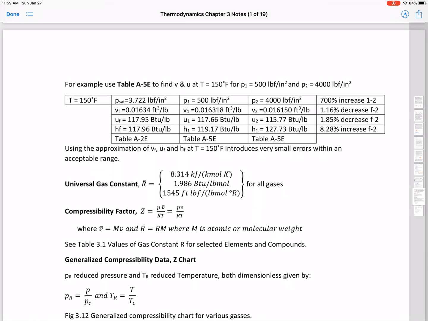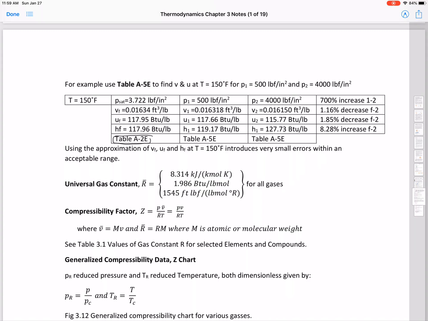These are your values. So the saturated pressure, and then the specific volume, specific internal energy, and specific enthalpy at saturated liquid. So we have these values in the first column here, and those I actually got from table A2E.